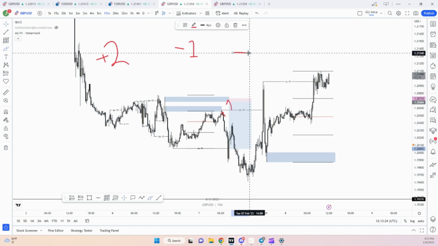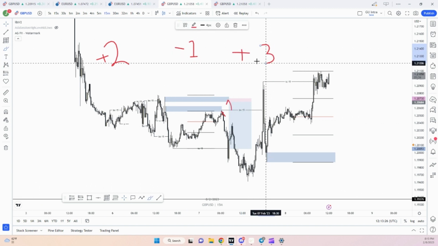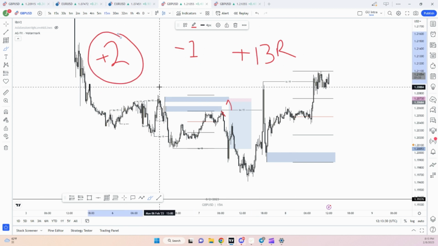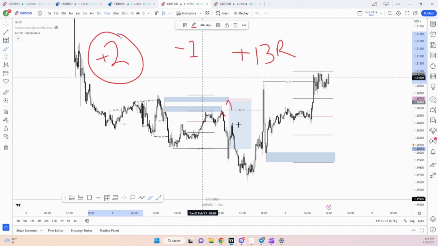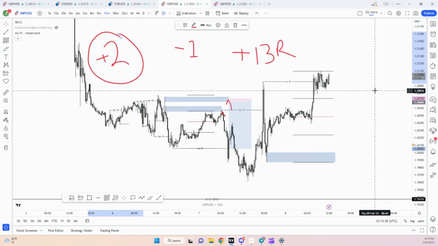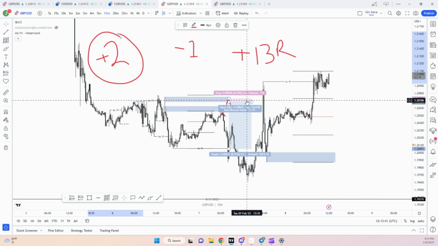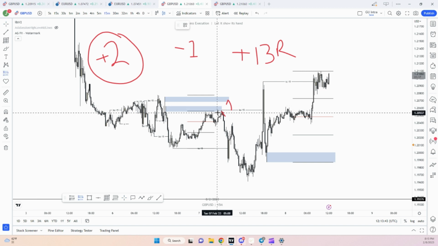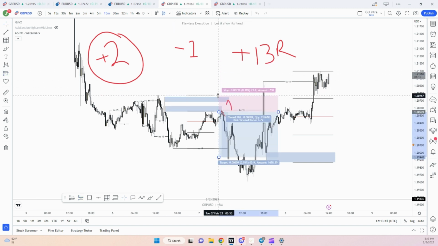So now you are net positive, let's say 13R, as opposed to being net positive 2R. So can you see the benefit in doing something like this? Yes, over 100 trades, you will definitely take more losses than just doing your standard 1 to 2s like this.